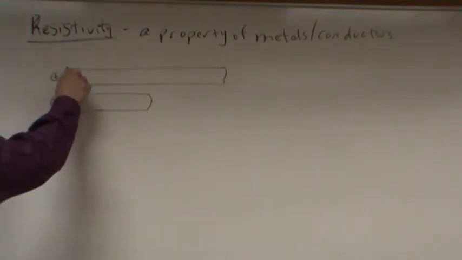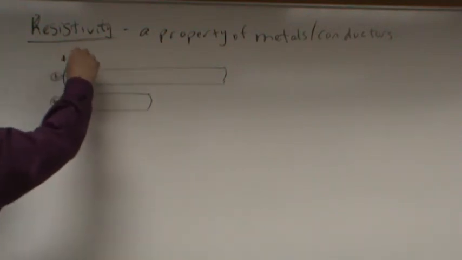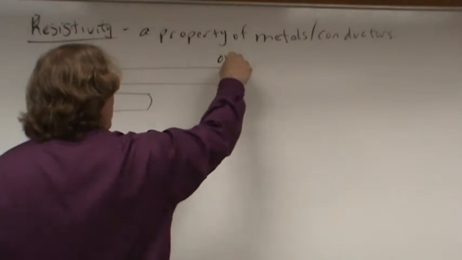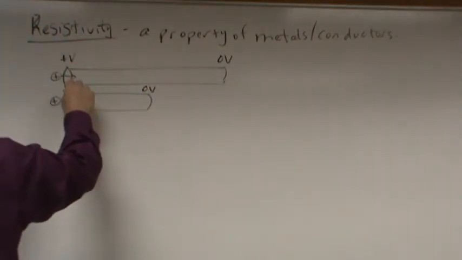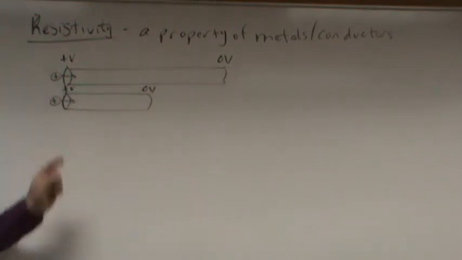So this charge wants to go down this wire. And let's say it's the same voltage, some positive voltage there, 0 volts there. Tell me, which wire is going to put up more resistance to the flow of charge, the long wire or the short wire?